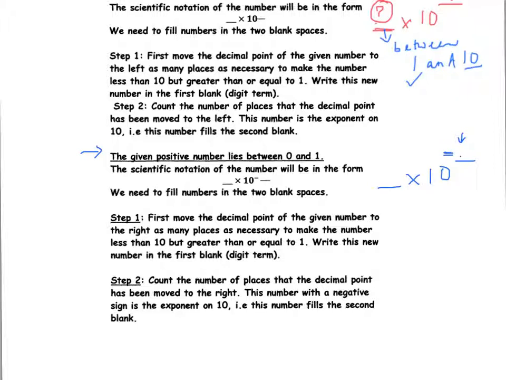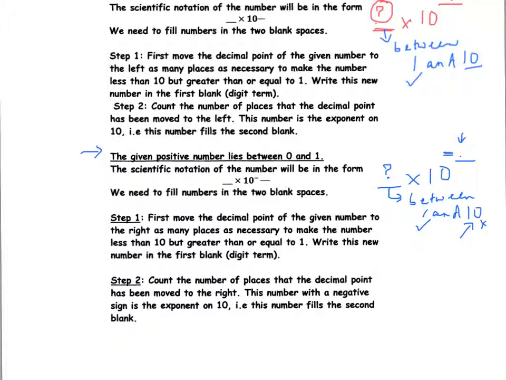The same rules have to be followed in this case. The number that sits here must be a number between 1 and 10. 10 cannot be included, but 1 can be included. So that is how a very small number is written.